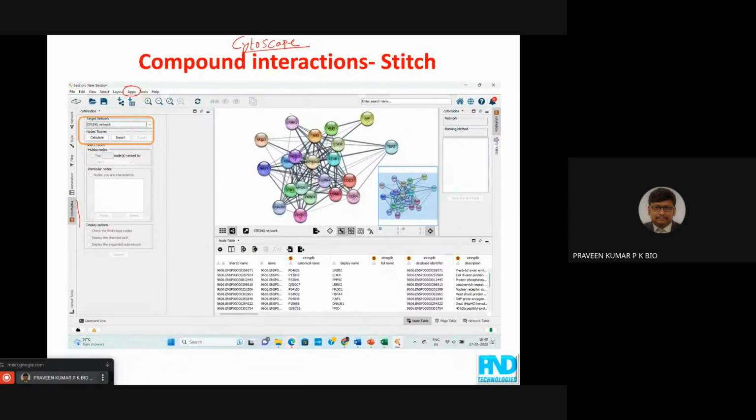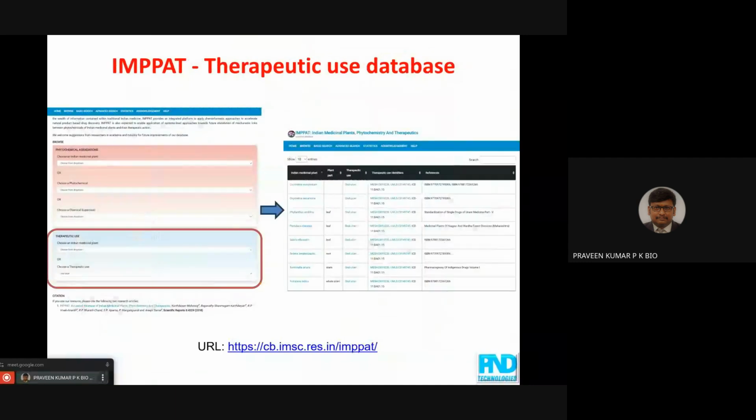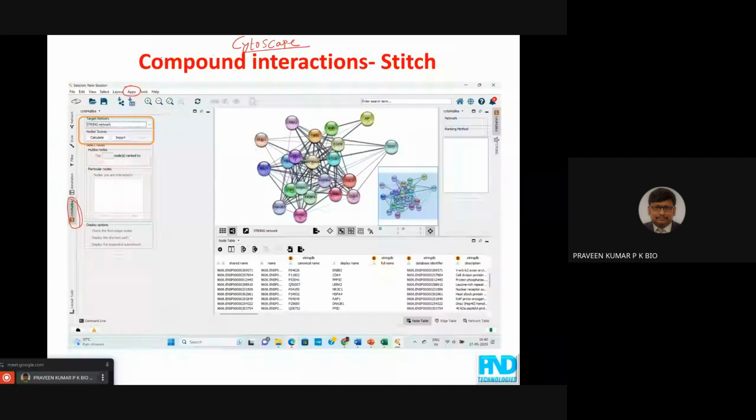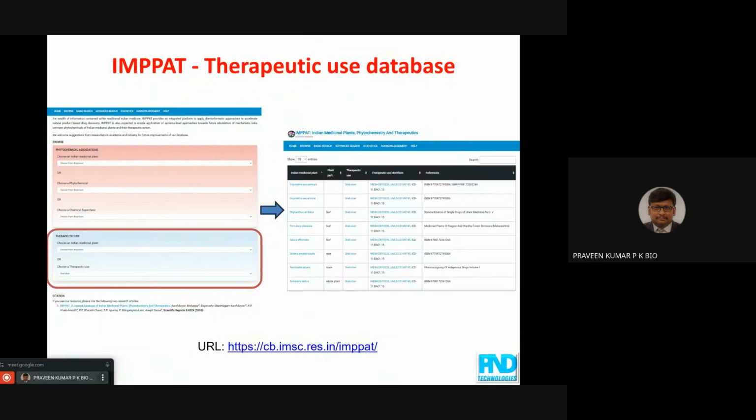I click that and search among so many apps, and if I want to work with CytoHubba, I install it and I can find it here. Then whatever I select in CytoHubba, I can work with. Similarly, you can try other apps. To know more about the apps, you can use the help option. Video tutorials are available as well as normal API documentation on how to use Cytoscape.